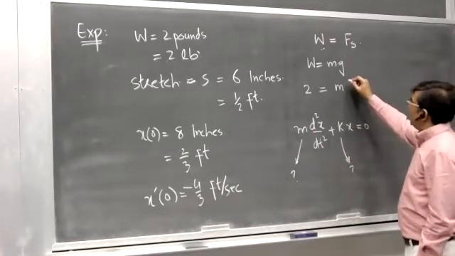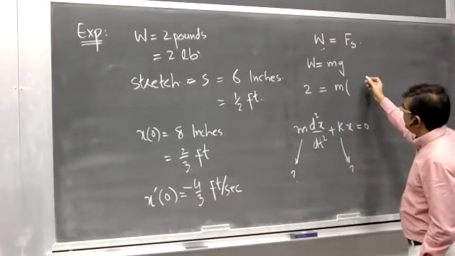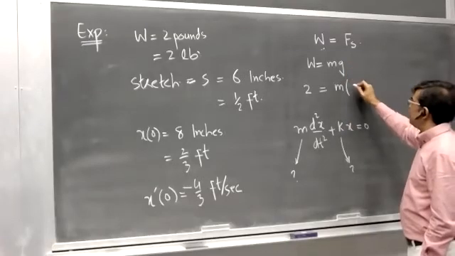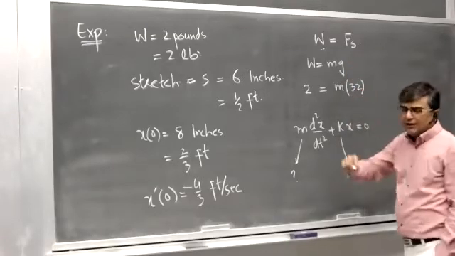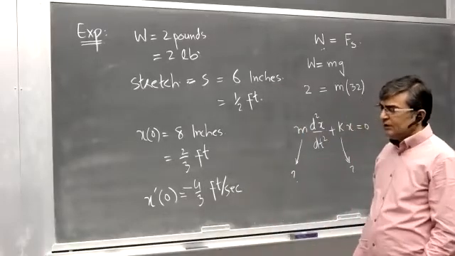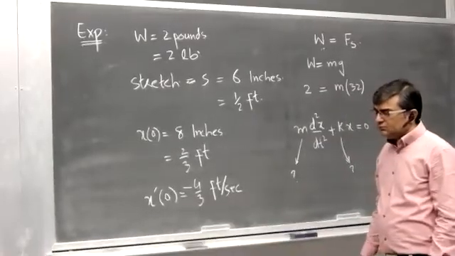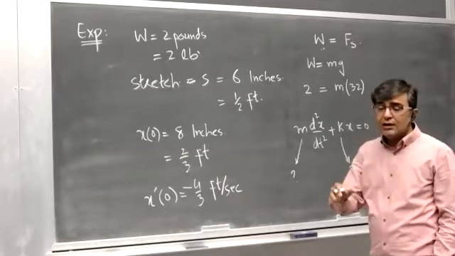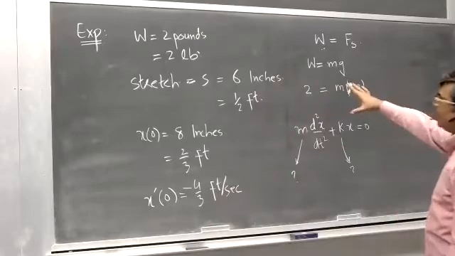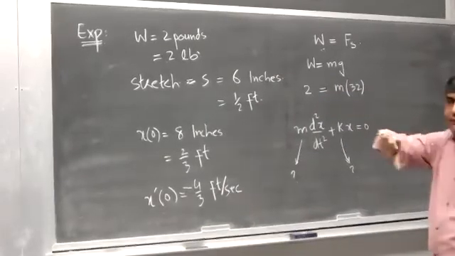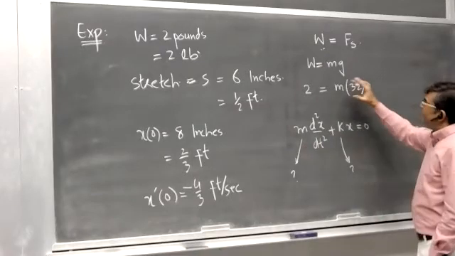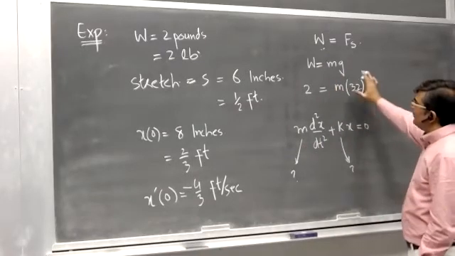In British units, they take g is equal to 32, because in this book, which we are considering as a recommended book, which we have uploaded, and I have picked this example from that book by Dennis Zill. They are using the British system of units.